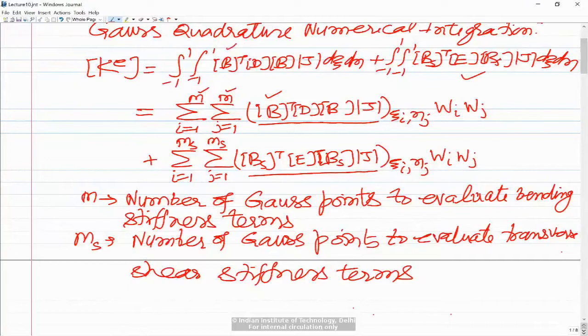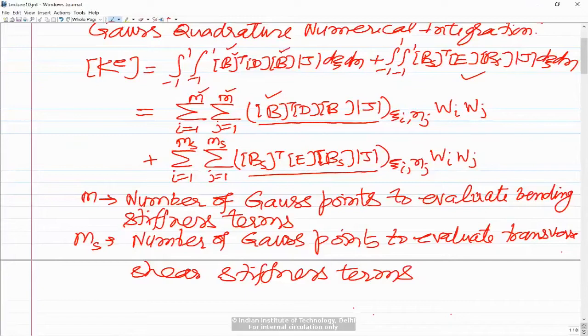When you differentiate with respect to xi, it would be linear in eta, and the derivative with respect to eta would be linear in xi. So this B ultimately would be linear in xi and linear in eta, and D is constant, and then you multiply again by B, which is again linear in xi and linear in eta.